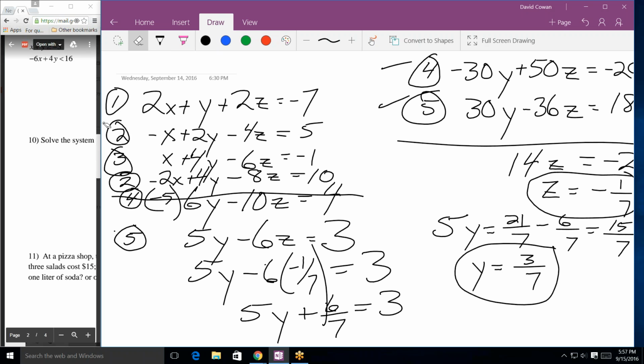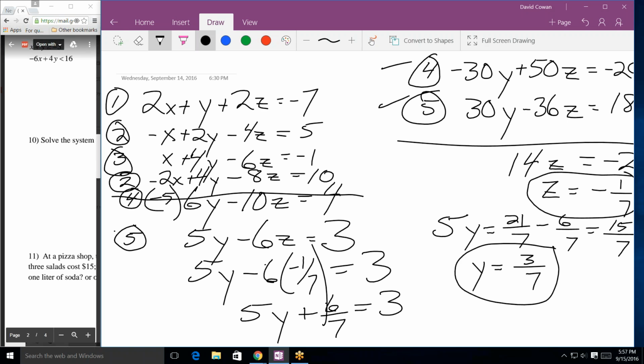You could choose 3. Right. There's an advantage to that, is that there's no coefficient. It's a positive sign. So 3 is better than 2 just because in number 2 it's a minus x, and in number 1 it's a 2x. So always use the simplest equation that has the positive coefficient if you have a chance.